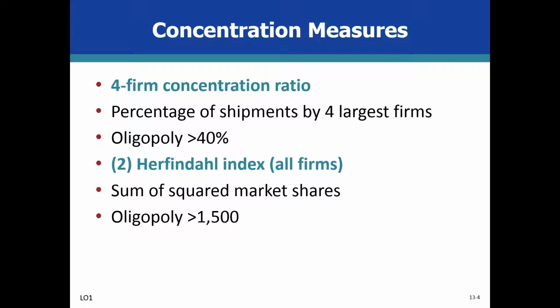On the Herfindahl Index, the sum of the squared market shares for all firms shows an index of greater than 1,500. And so you can see the difference here in terms of the levels of concentration in this oligopolistic market as compared to monopolistic competition. These percentages are much, much higher.